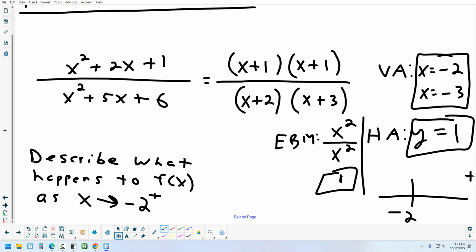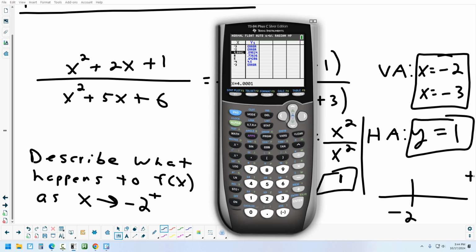-1.99. Yes, -1.99. So I'm going to type that in. Oh, I went a little more than I needed to. It says -2, it's not really, it just rounded it. But when I plug in -1.99, I'm at almost 10,000. So what's happening to f of x as you approach -2 from the positive side? It's increasing.